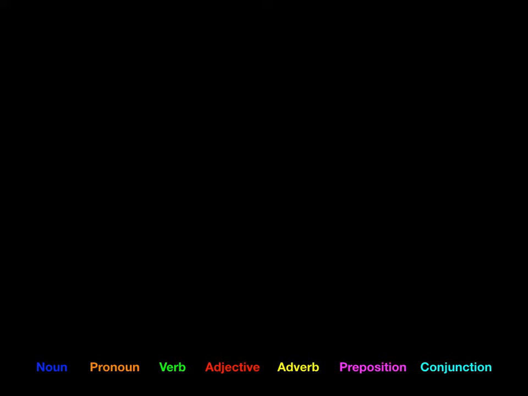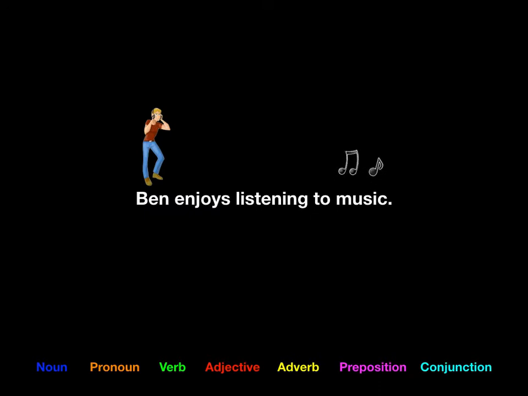Let's examine the following example. Ben enjoys listening to music. Within this sentence, we will see that we have an action verb, enjoys. In addition to enjoys, we have a subject. In order to find this subject, we need to ask ourselves who or what the verb.